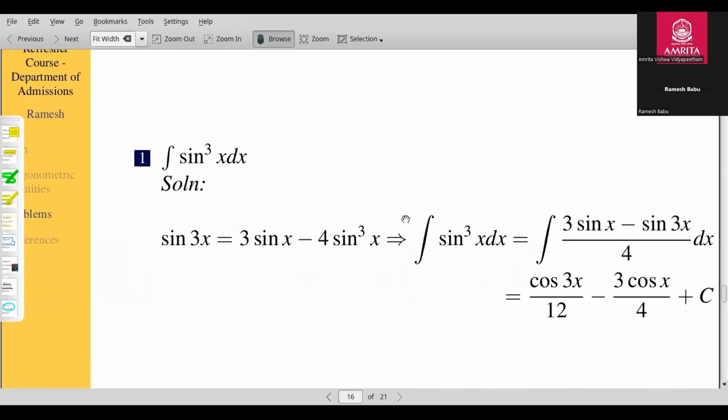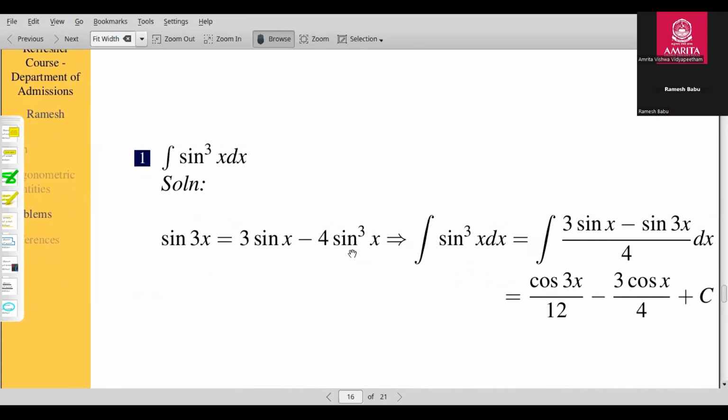Yes, sir. So I have the integral of sine cube x dx. I know the triple angle identity. What does the triple angle identity say? Sine 3x is equal to 3 sine x minus 4 sine cube x.